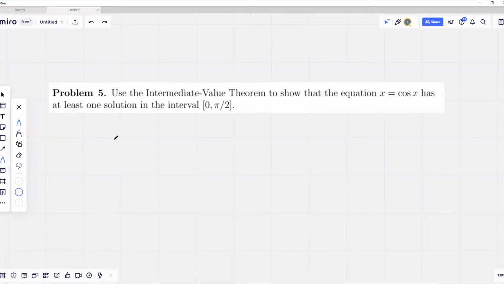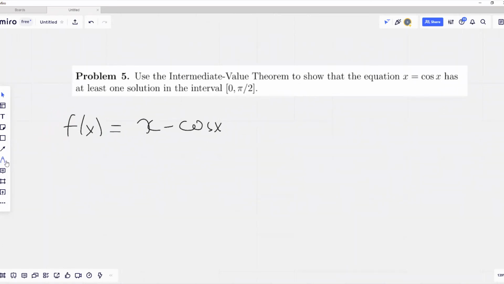So let's express that as x minus cosine of x. Let's call this a function of x. Then first of all, f of x is continuous everywhere, since x is continuous everywhere and cosine of x is also continuous everywhere. And then let's find the value at 0.